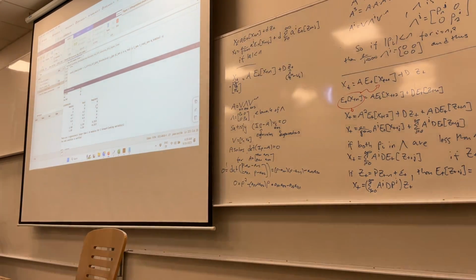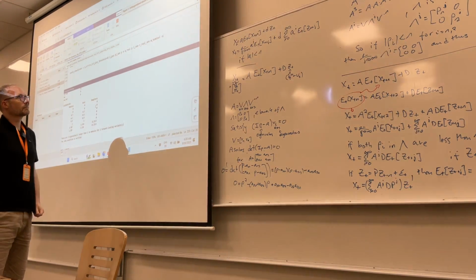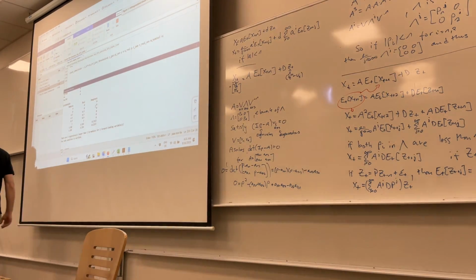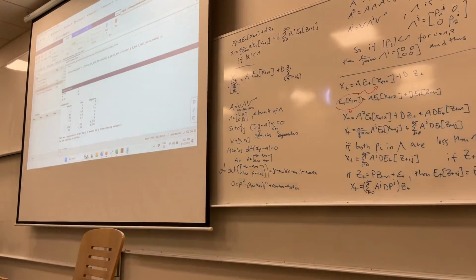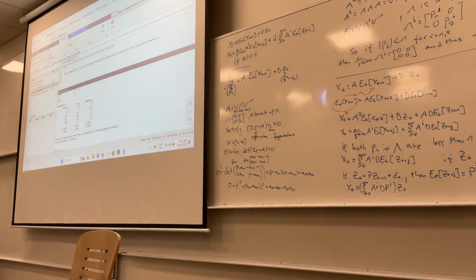And the way Dynare solves this problem is a little bit different than the way we solve it, or the way Gali solves it, because for more general models, just looking at one matrix isn't enough. You need to look at a couple of different matrices, and so you need to have eigenvalues for forward-looking variables.